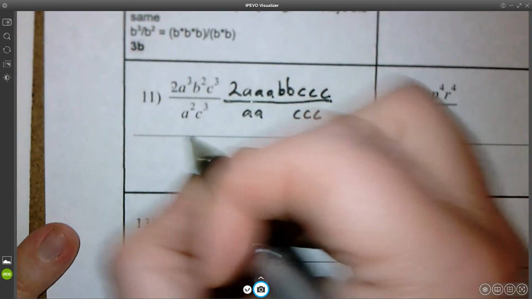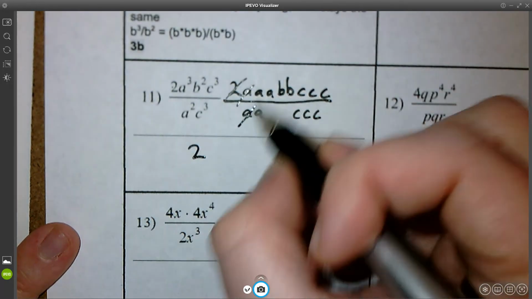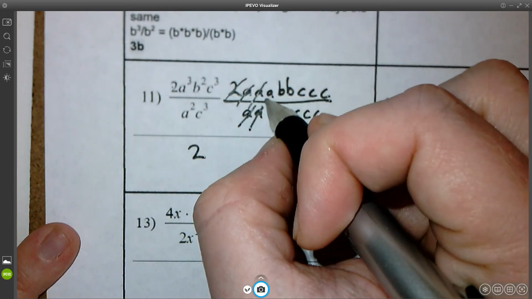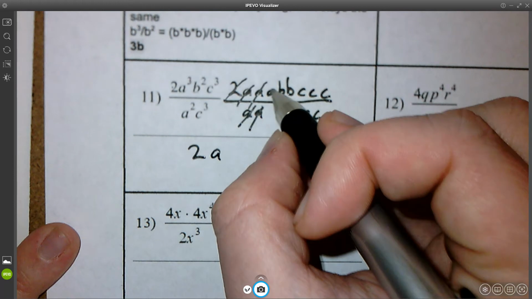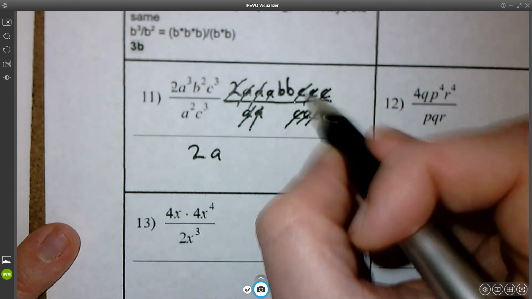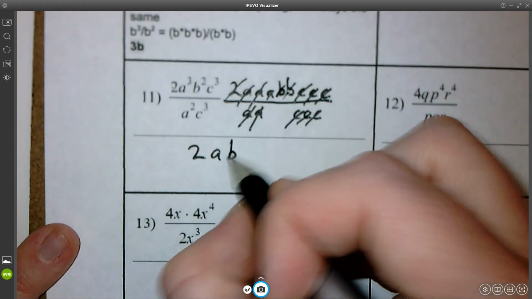So our 2 is going to come down. And now we're left with an a. Our c's go away because there's 3 on top, 3 on bottom, and now we've got 2 b's. So b squared.